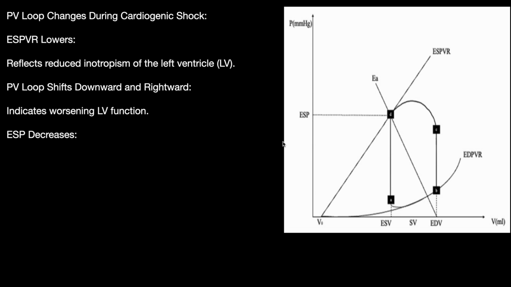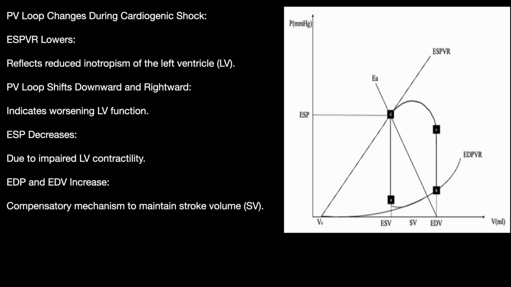The ESP, that is the end systolic pressure, decreases quite naturally as the graph goes down due to the impaired left ventricular contractility. The end diastolic pressure and end diastolic volume increase because the heart is unable to eject out the blood properly.